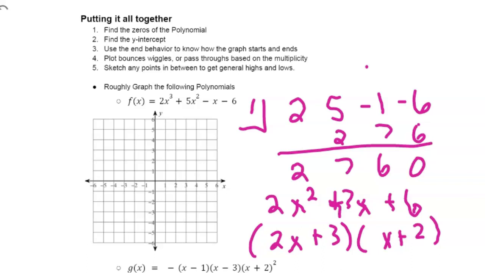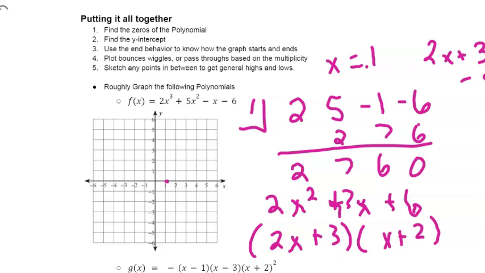I'm pretty sure that's right. 3x, 4x is 7x. Yeah, so that's right. You set each of those to 0. We know x is 1 of my roots, so I'll put that in there. We know 2x plus 3, if you set that to 0, equals 0. Just kind of out of room there on the edge.